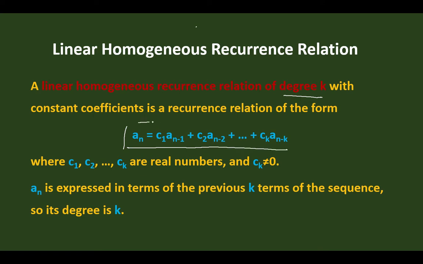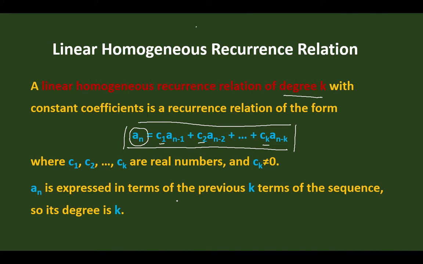So look at this form. What it said is that in a sequence, nth term of this sequence, which is regarded as an, would be written in this form, where C1, C2, Ck, all these are real numbers and these are constants.